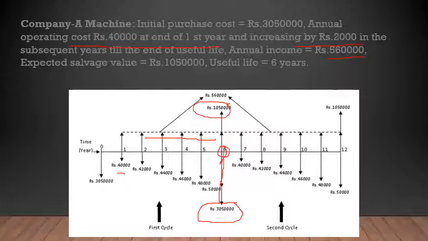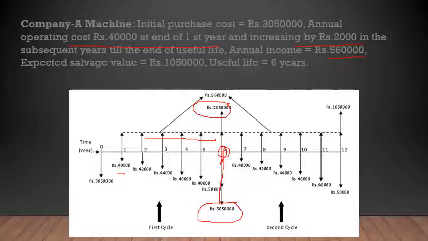And once you start that machine, its cost, its income, its salvage value, everything is repeated. It is as good as copy, paste. You are pasting exactly at t equal to 6. This t equal to 6 will become t equal to 0 for the second machine.